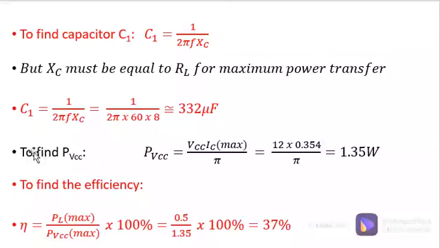Then the next question says we should find the power input, that's PVCC, and the formula is given here as we have derived it previously: VCC times IC maximum over pi. The VCC, the power supply voltage, is 12, and my IC max, I have just calculated from here.